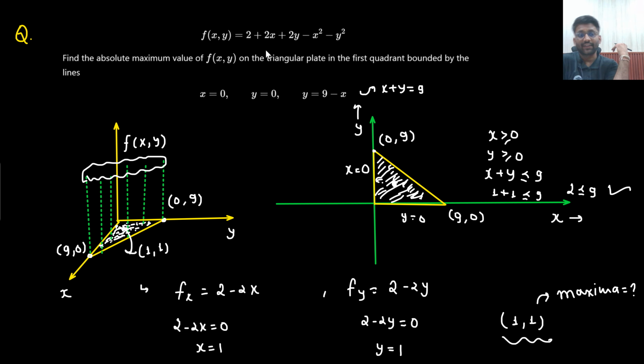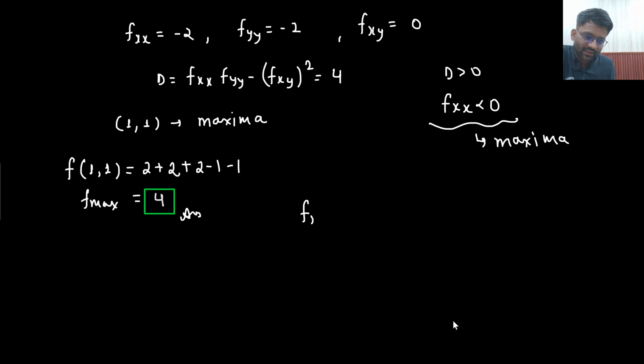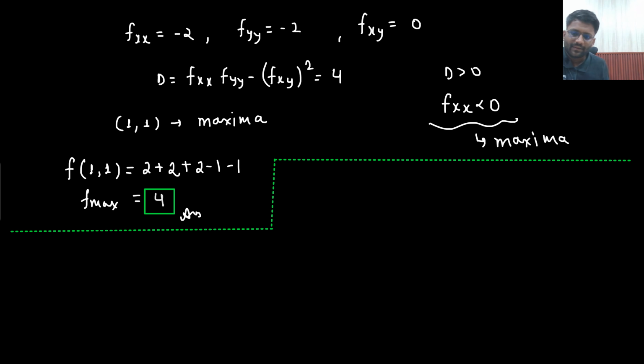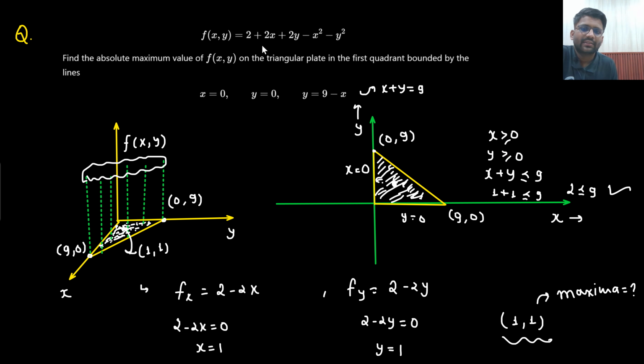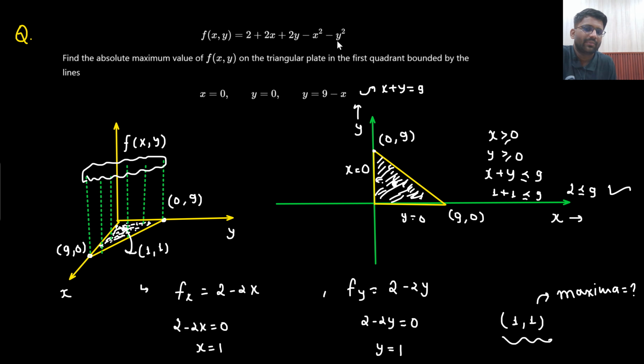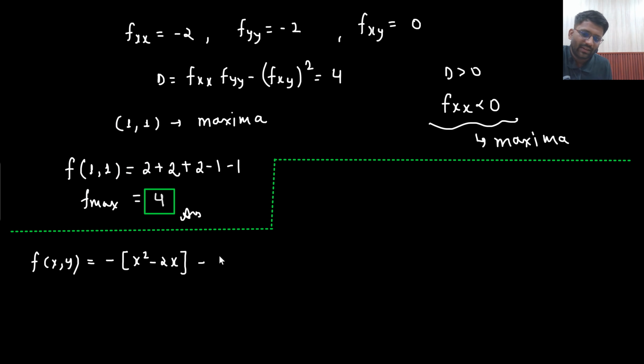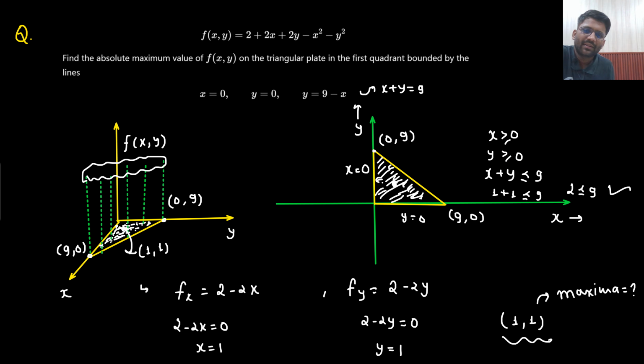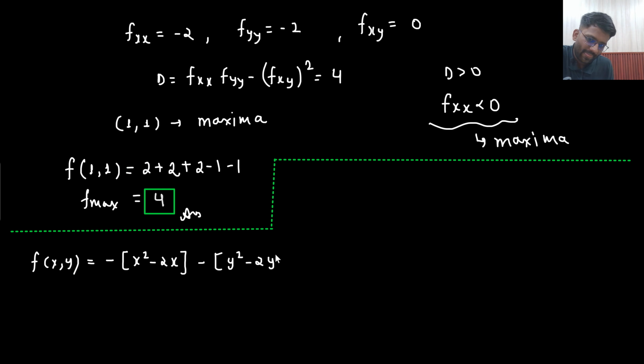You can draw its graph as well. Very easily you can draw its graph. How can you think? f(x, y) is given as minus x square minus 2x, then minus y square minus 2y plus 2.